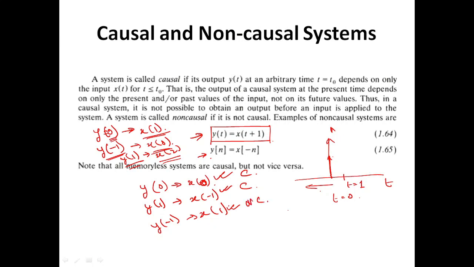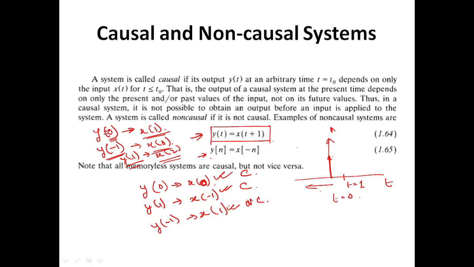Okay, so which one should we take? We have to consider the system as a whole. If a system is non-causal even at a particular period of time, that means the system is non-causal. Even if it is a single point, it is a non-causal system.